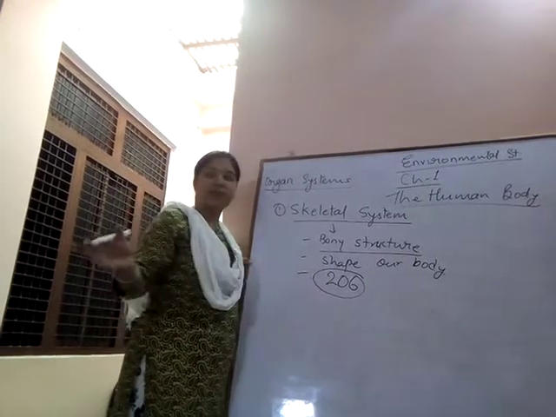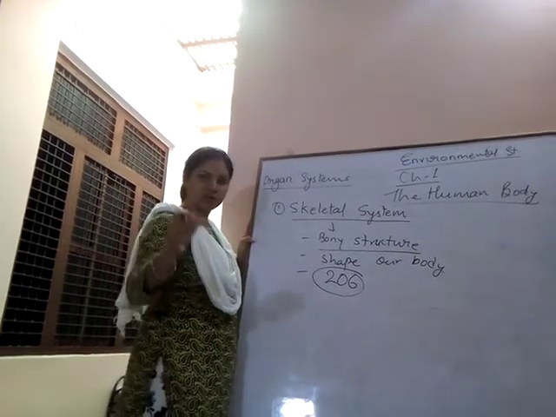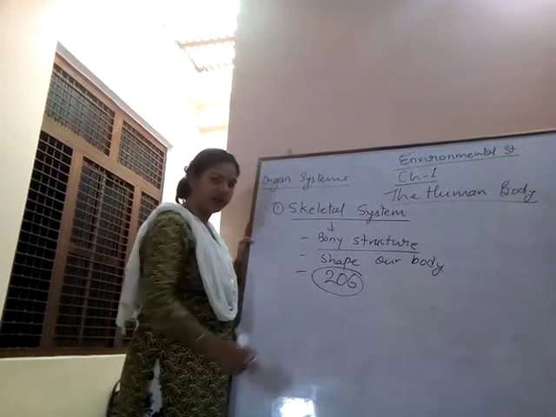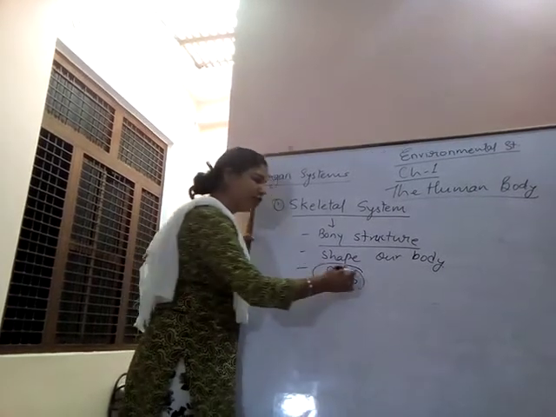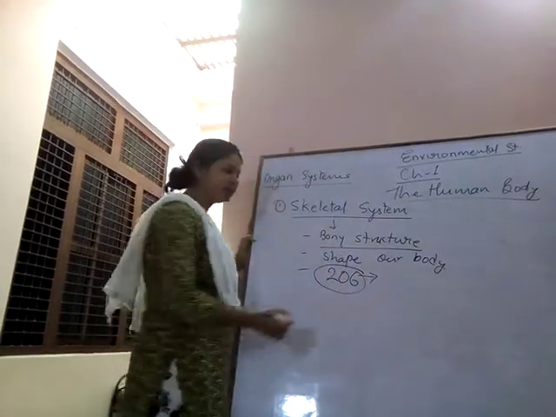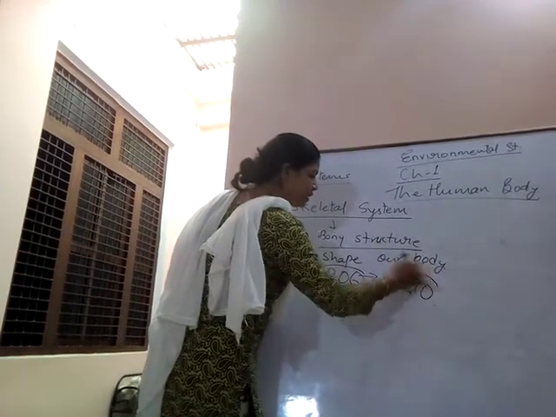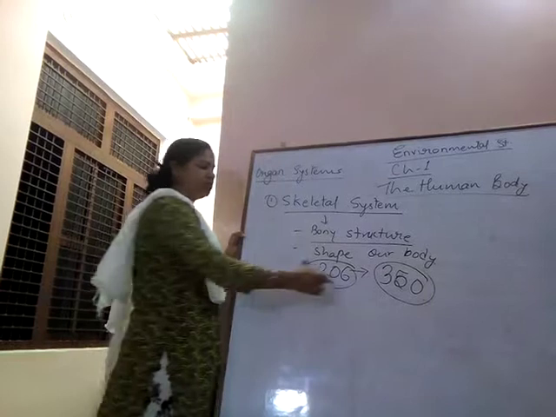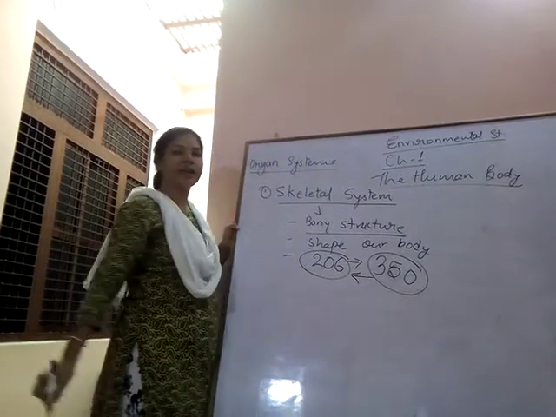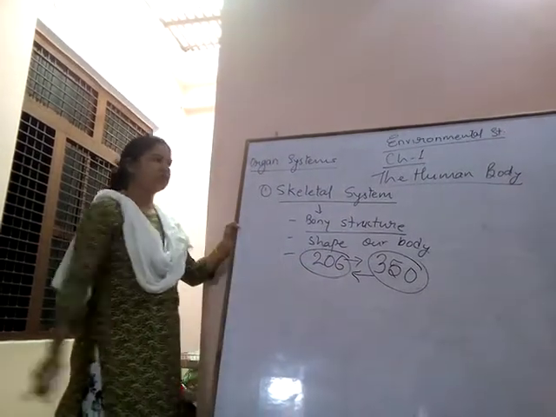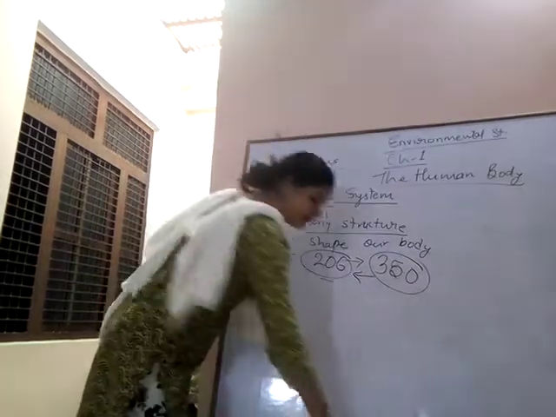So when somebody asks you how many bones you have, you say 206. Yes, of course, but when you were born, you had 350 bones, which reduced to 206. So this is our skeletal system.